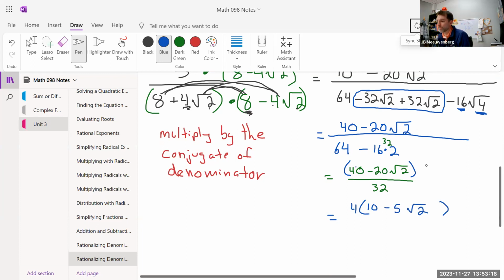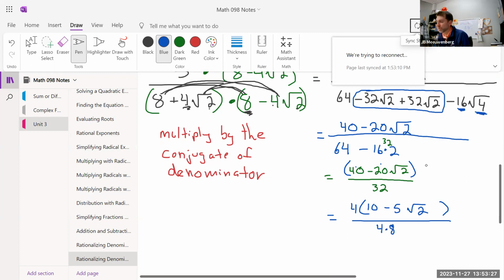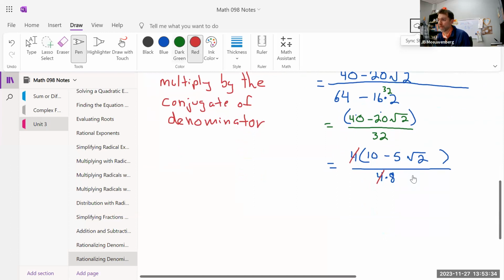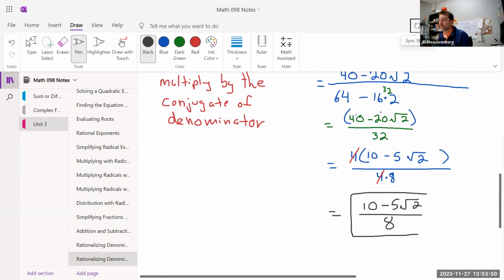And I divided both of these by 4, all over 32 down here. And I'm just going to write it as 4 times 8 rather than 32. Why? Simply because I can then see that the 4s are going to cancel. And what we're left with here after all that is 10 minus 5 radical 2 all over 8. Notice how that 8 has something in common with the 10, but not the 5. That means it's completely simplified.